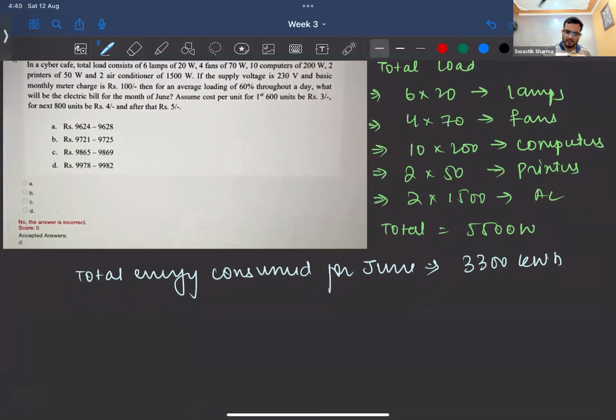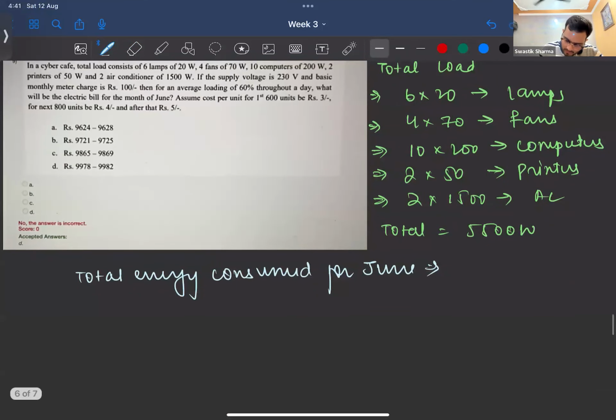It's 3300 kilowatt hour. Can you check if it's correct? I think it's not correct. Total energy, I'm talking about the total energy. Okay, let's do it. It's nothing but 60% of 5500 multiplied by 24 hours in a day, and then a total of 30 days, right?